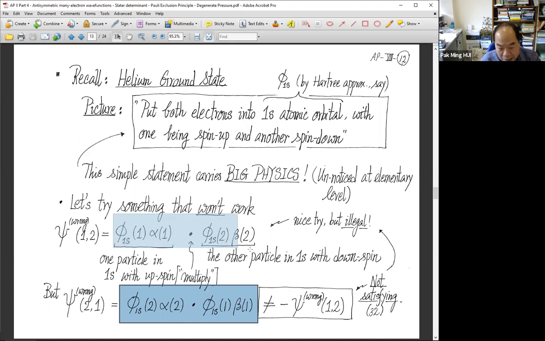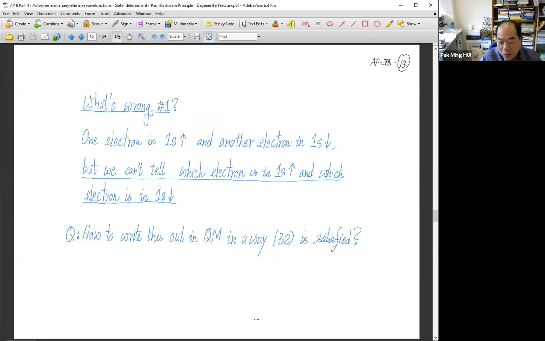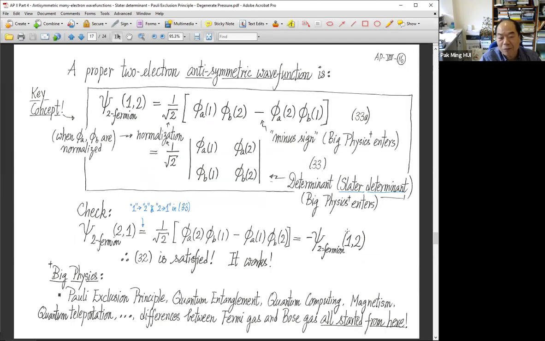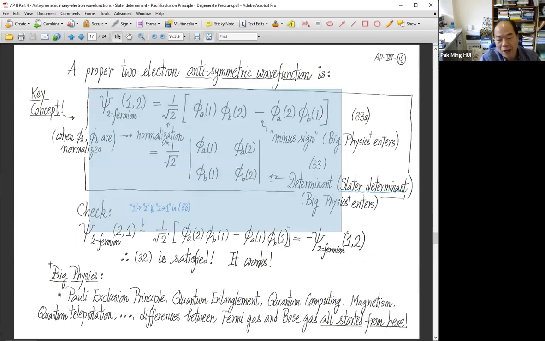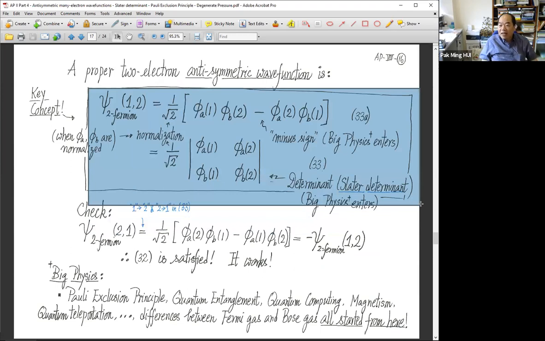So I linearly combine this and that. Then I'm sure to get an antisymmetric one. So this is the punchline. I make sure that I don't know which one is which, so I construct this antisymmetric thing.